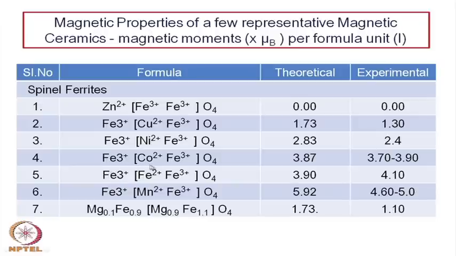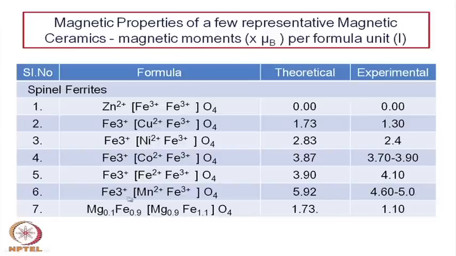Fe3 plus, here is cobalt ferrite. Cobalt ferrite is again the same thing, it is the magnetic moment of cobalt which gets reflected here. Fe3 plus cancels each other. Fe3 plus, this is magnetite, and once again that of Fe2 plus gets reflected here.